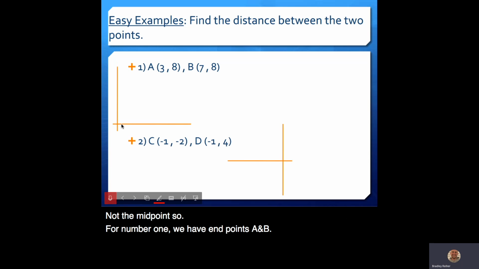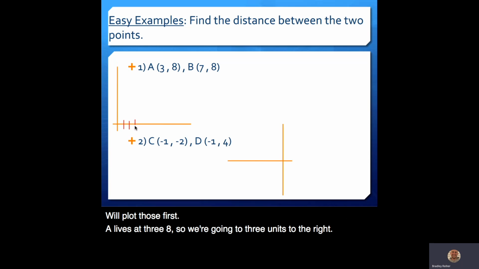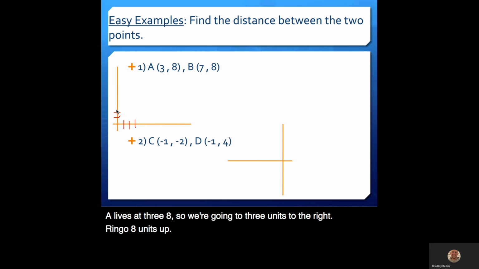We'll plot those first. A lives at 3, 8. So we're going to go 3 units to the right. We're going to go 8 units up. You get the idea.